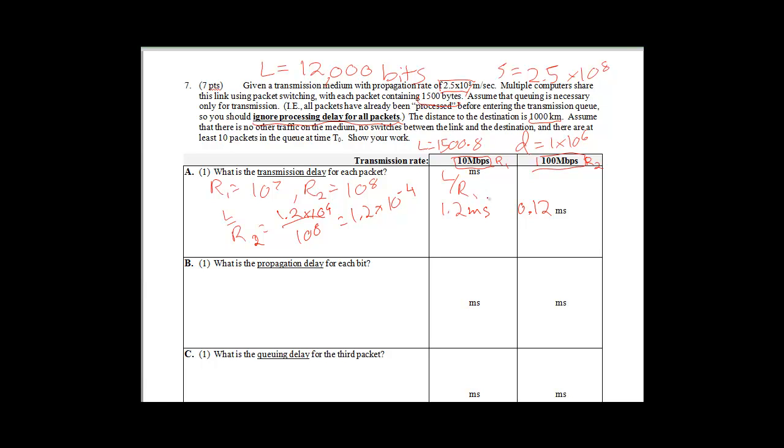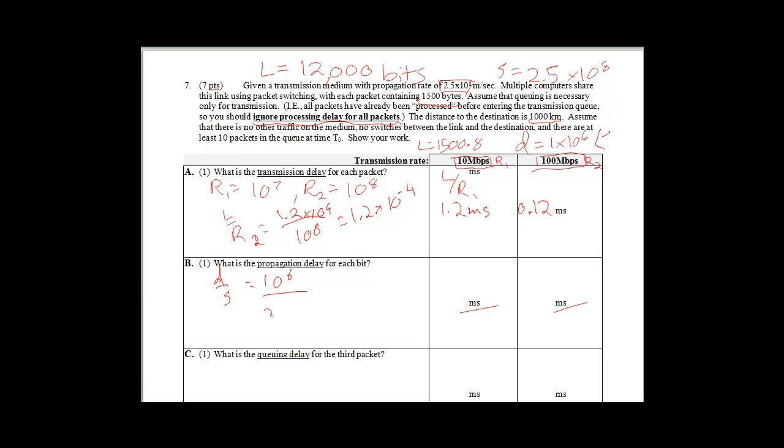What is the propagation delay? Well, propagation delay we dealt as d over s. Since r is not involved here, just d and s, both of these answers are going to be the same. So the propagation delay is independent, in this case, of the transmission delay. So our d was 10 to the 6th, that's from right here.